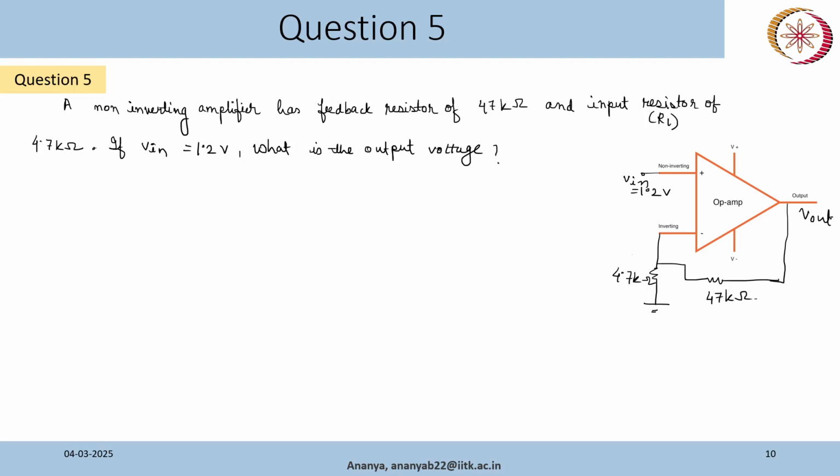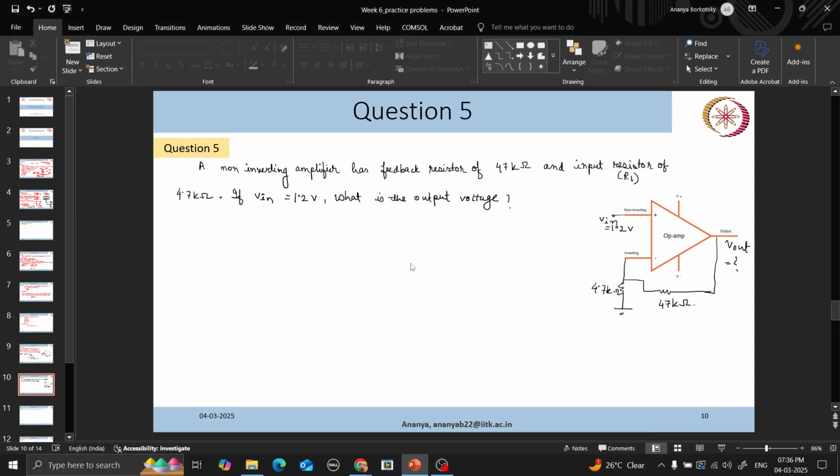So what is V out? If you want, the gain formula for a non-inverting amplifier is 1 plus R2 by R1, or RF by R1. Feedback resistor is often denoted as RF.